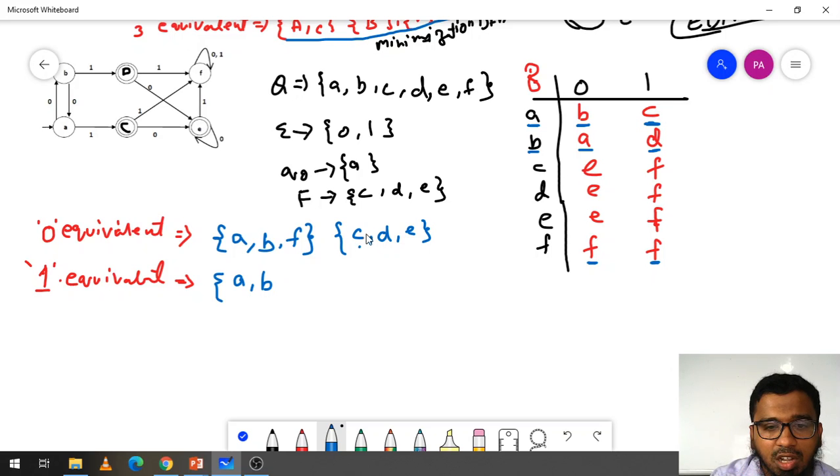No, they are in different sets. So F is not one equivalent. This is separate now. A and F on 0 go to the same set, but on 1 they go to different sets.